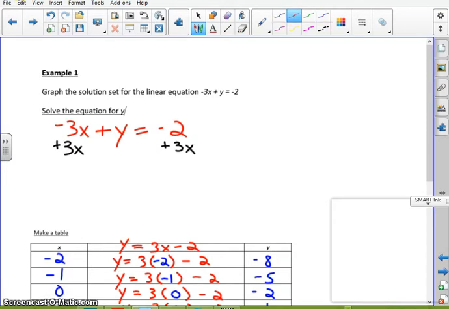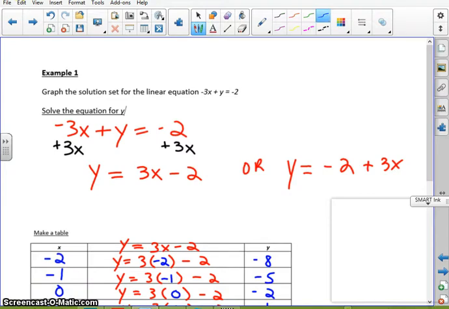Now I have y equals 3x subtract 2, or I can write this as y equals -2 plus 3x. It really doesn't matter. We like to have it in the first form, y equals 3x subtract 2, because that's the slope intercept form. We'll talk more about slope intercept form later. So this is my equation here.